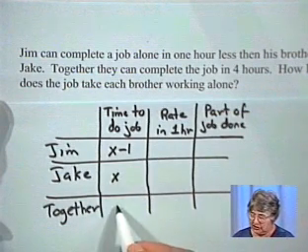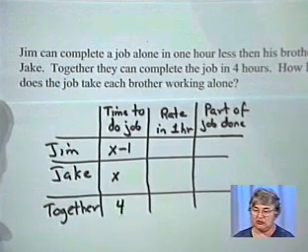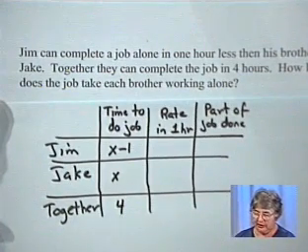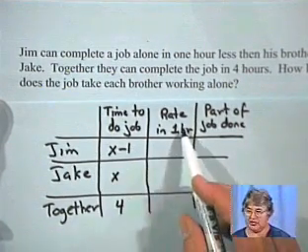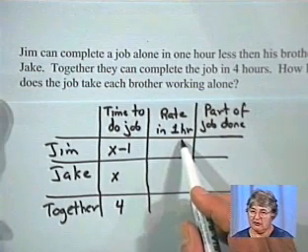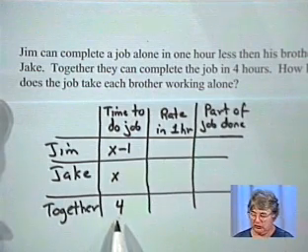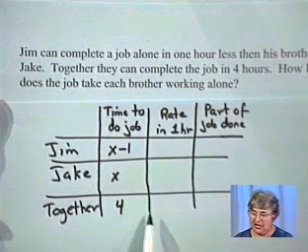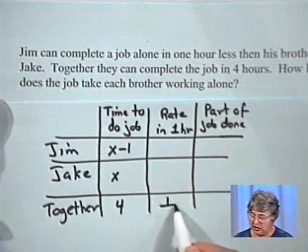They can both complete the job in 4 hours, so that's easy to put here. If you remember that the rate at which they do the job in 1 hour, for example, if they were both working together for 4 hours, in 1 hour they would do 1/4 of the job, right?